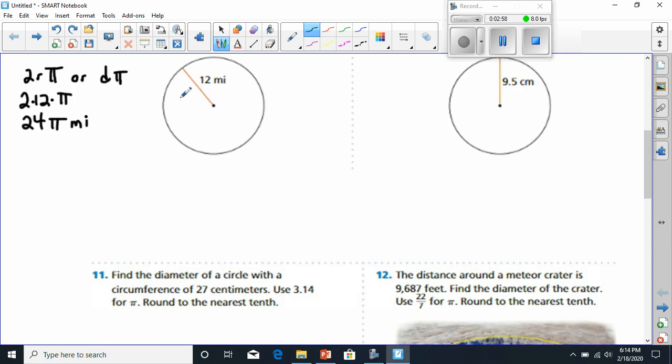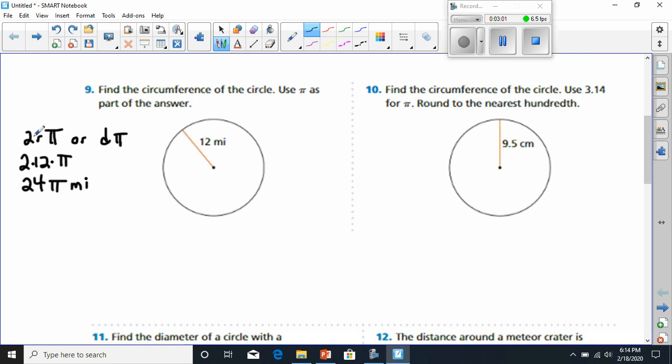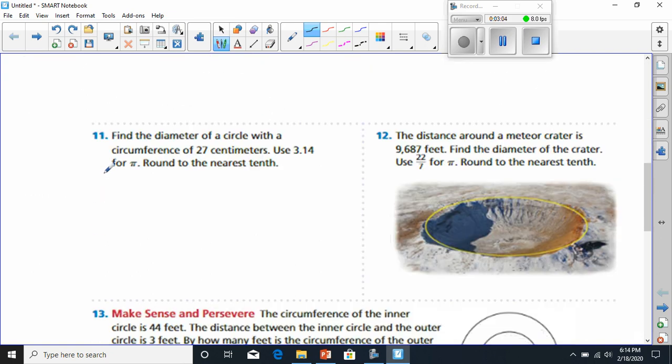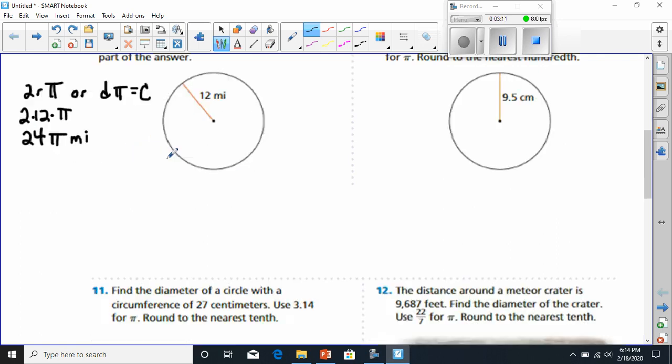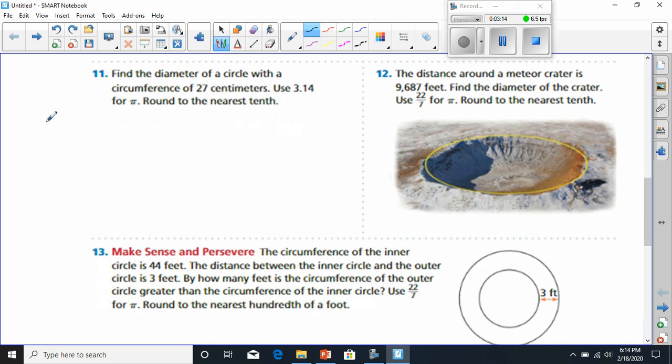Since we learned that to find the circumference we can use that formula, in this case we're going to use it backwards. Whatever my diameter is times pi will equal the circumference, or 2 times the radius times pi equals the circumference.